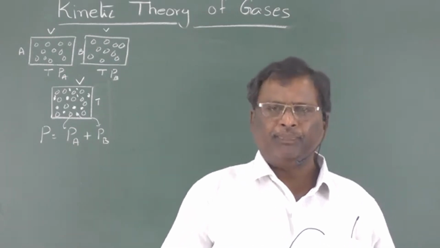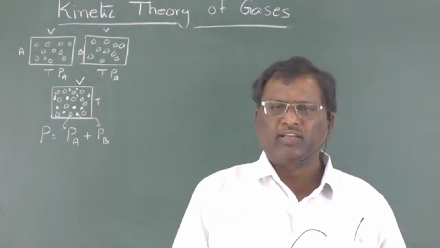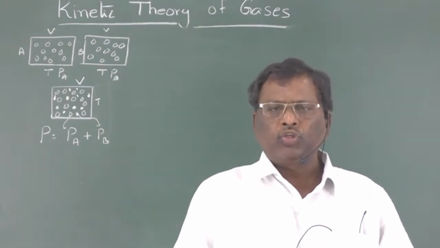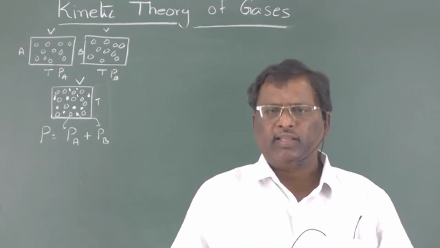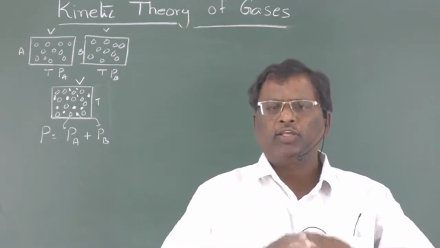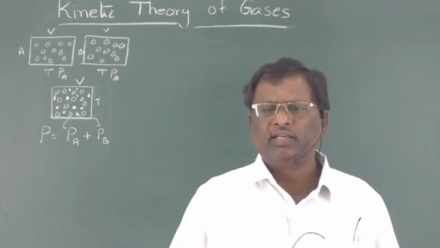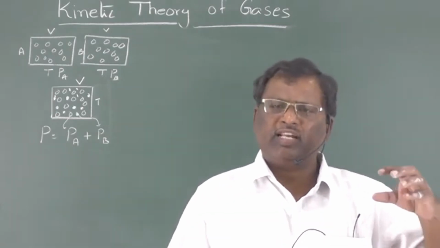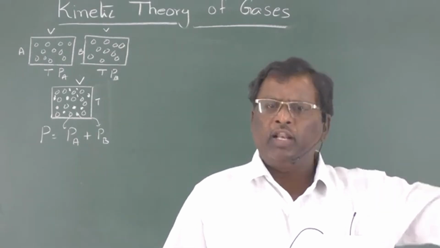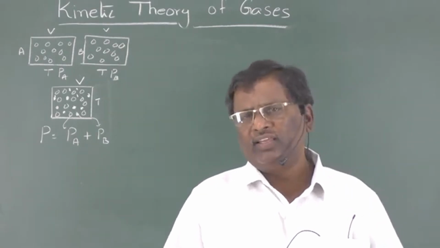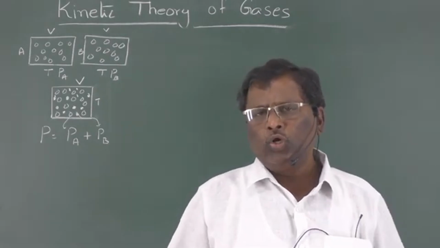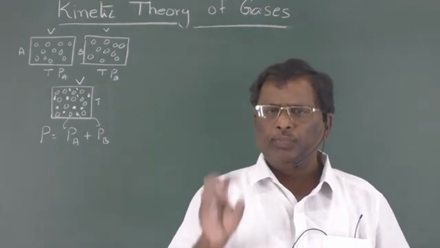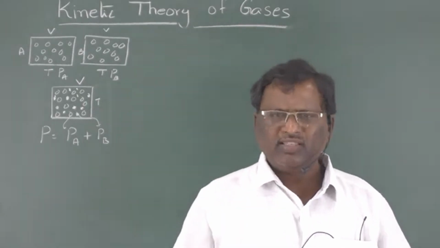Gas A molecules will exert some pressure, and gas B molecules will exert some pressure. The pressure exerted by gas A molecules alone is considered the partial pressure of A, and the pressure exerted by gas B molecules alone is said to be the partial pressure of B. So the total pressure of the gaseous mixture P is equal to PA plus PB. This is Dalton's law.